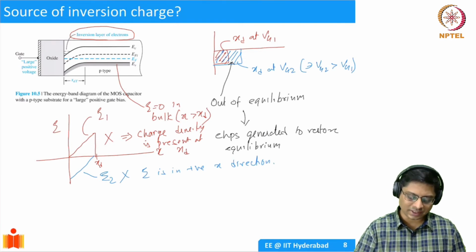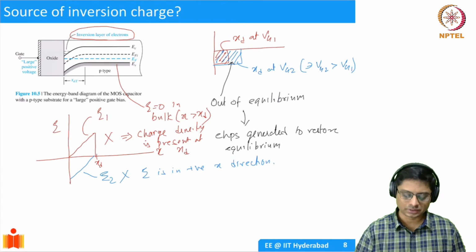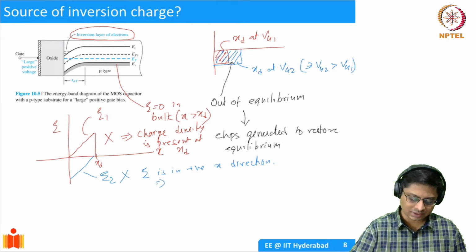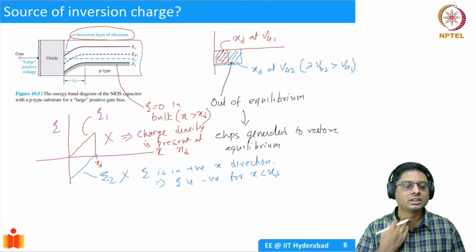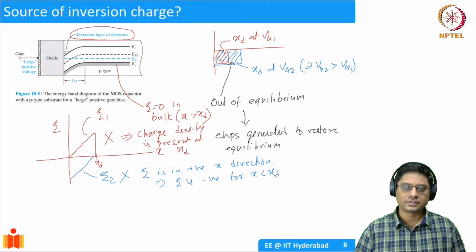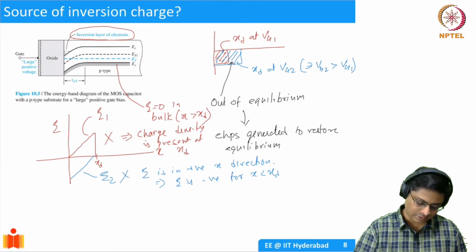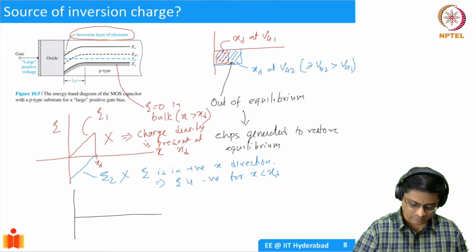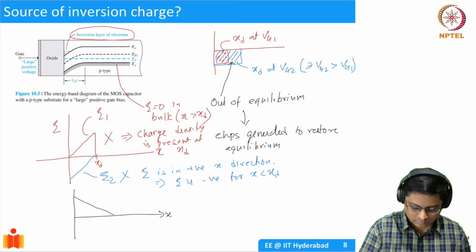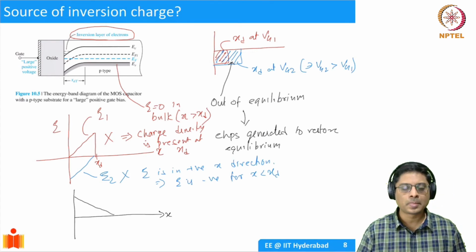For x less than XD, the E field is negative. This implies E is negative for x less than XD, which is also not correct. So the only logical way to have the field is this.